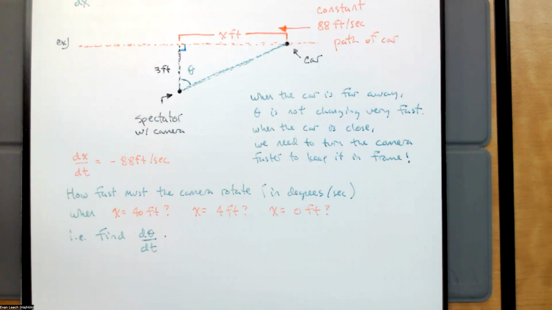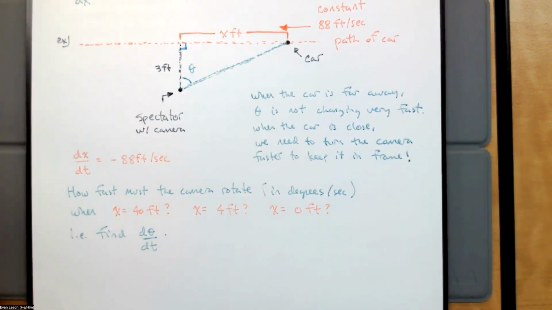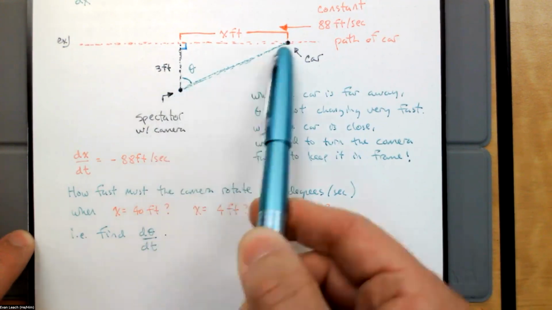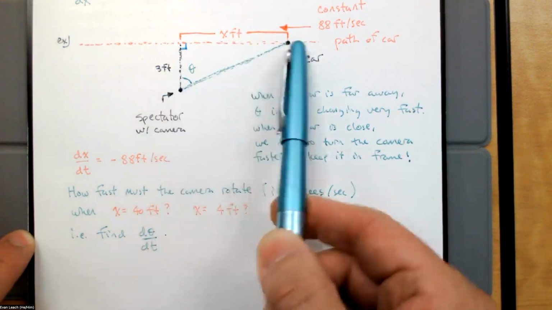Any questions? I need a relationship between x and theta. What's a relationship between x and theta? So here's theta. This line, the distance from the spectator to the car, that's the hypotenuse.